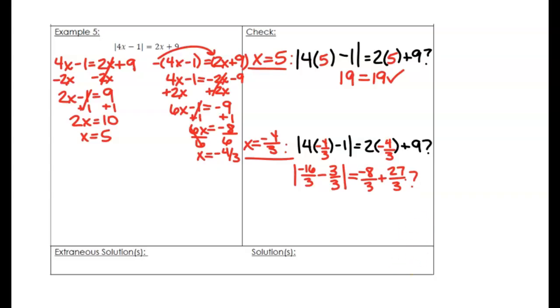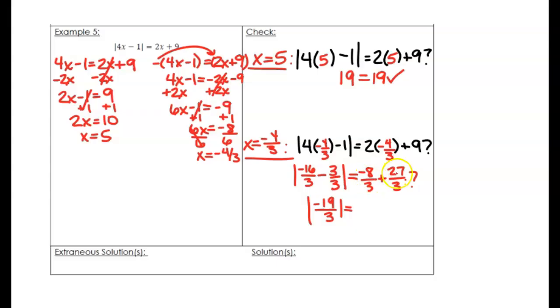So in my absolute value signs, I have some subtraction here. I'm only going to do that on the numerator. I'm still going to have a denominator of 3. That's the way you add or subtract fractions. So negative 16 minus 3 is negative 19, still over 3. And then here I have a common denominator, so I'm going to add the numerators.